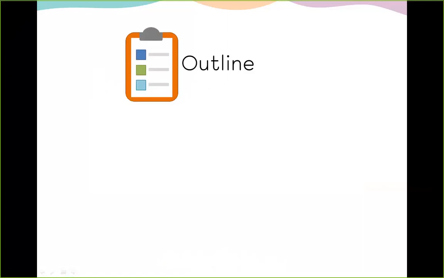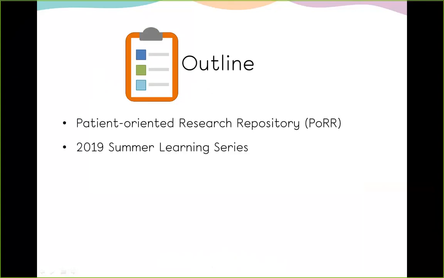The three that we would be covering today: first is our patient-oriented research repository that we've been working on. Our online summer learning series of webinars that focuses on a few patient-oriented research-related topics. And then lastly, our Training Innovation Fund.